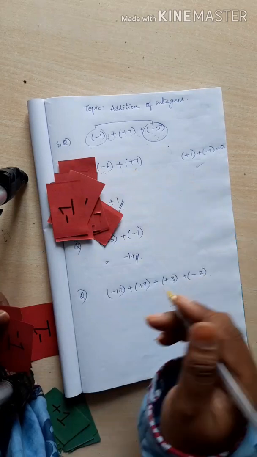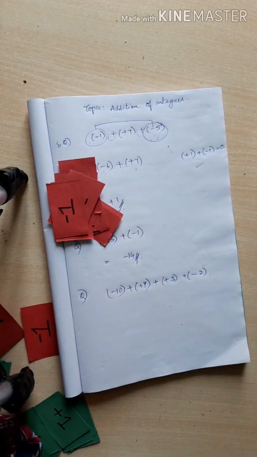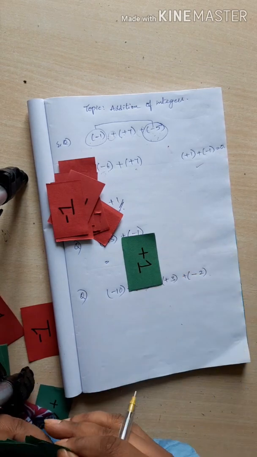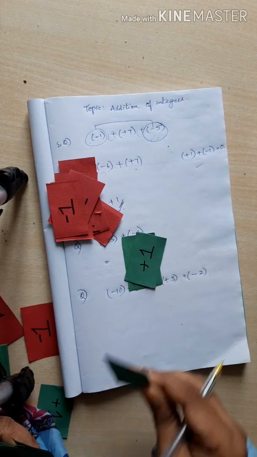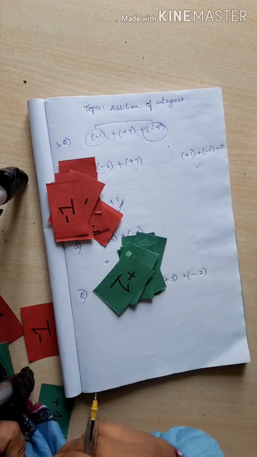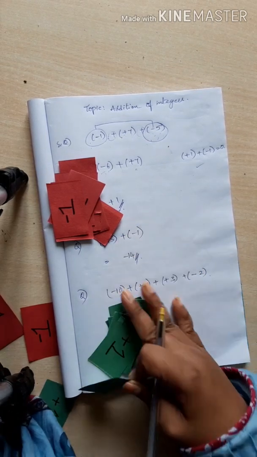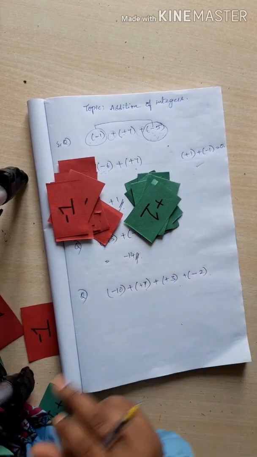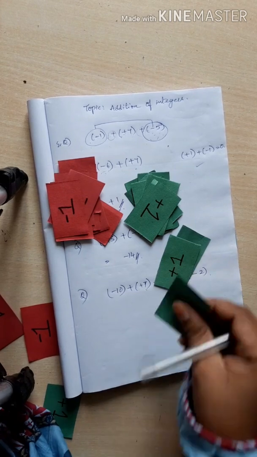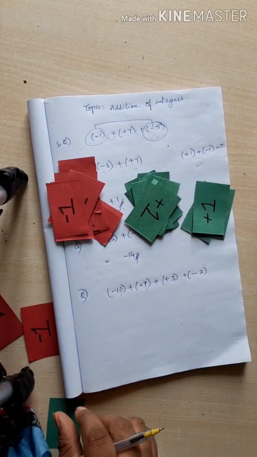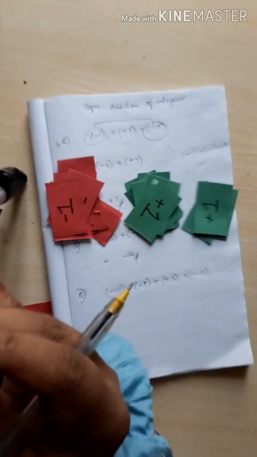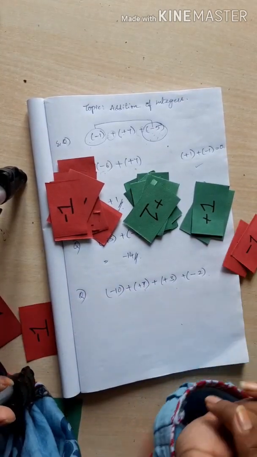So 10 I have taken. Next, plus 7. 1 2 3 4 5 6 7. Next, 3. 1 2 3. Next, minus 2 indicates 2 red coins.